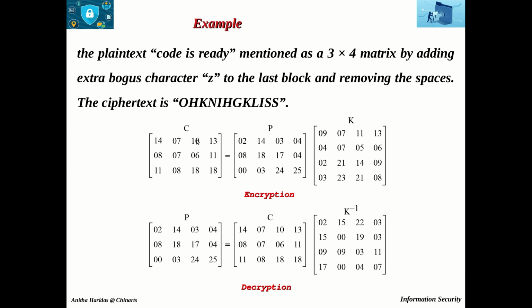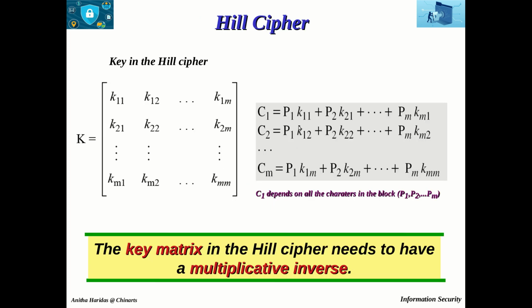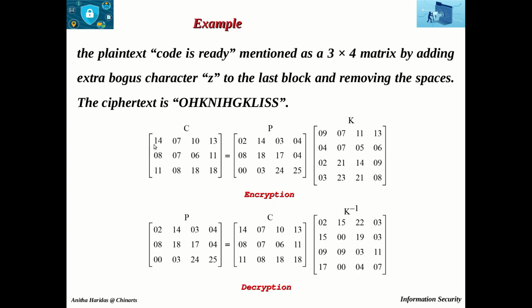And for producing this, the entire block is multiplied with the third column for producing 10. And for producing 13, the entire block is multiplied with this column. So that is what is shown here, P1 to Pm, and C1, C2, Cm. So C1, C2, C3, Cm will be produced based on P1 to Pm and the key matrix.